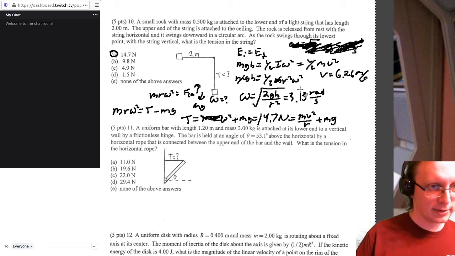But yeah, I'll bet these numbers have been picked in such a way that the 2, h, and r all cancel out, and you basically end up with the square root of g with the correct units, square root of 9.8.